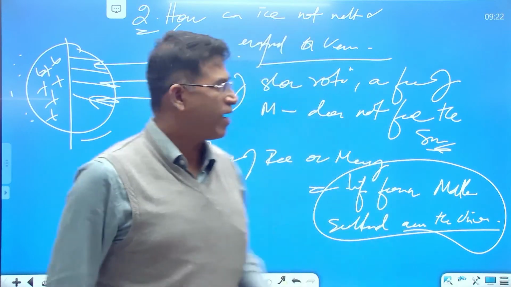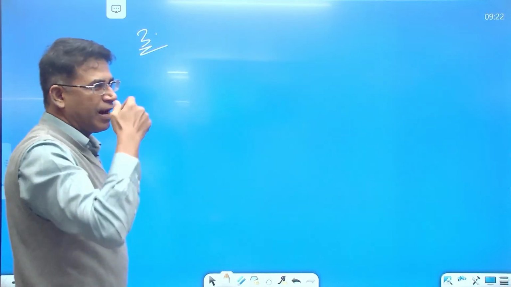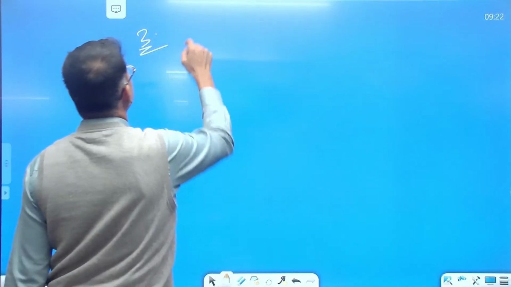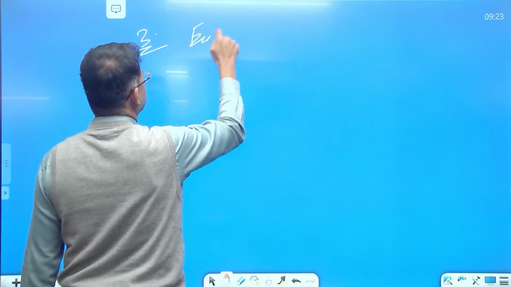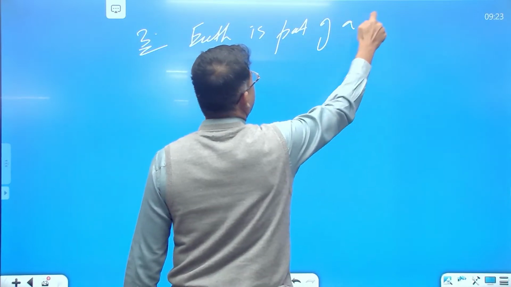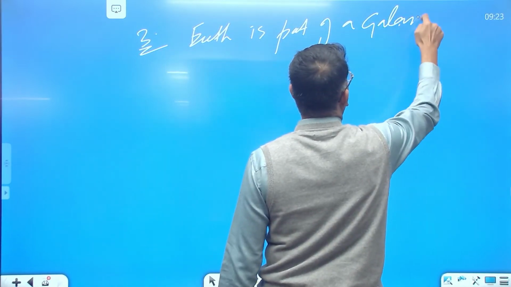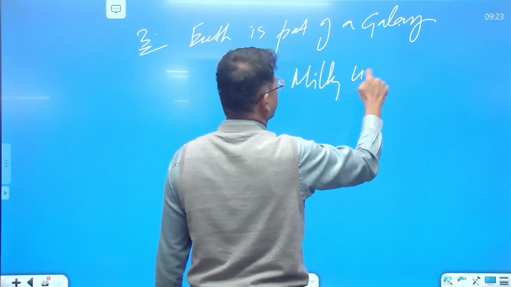Okay, that's one fact. Another very important fact, that there's a term called as, before that I go on, just know this, Earth is a part of a galaxy. What is it called as? It's called as the Milky Way.